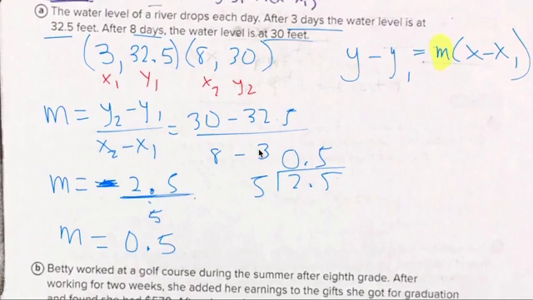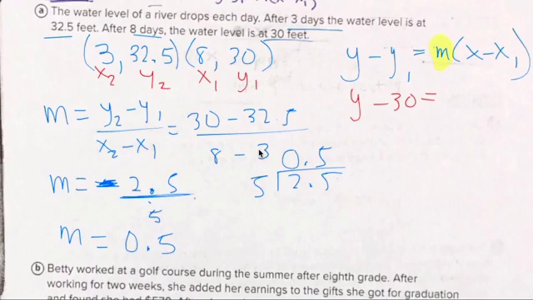So you use that formula, y minus y sub 1. I'm going to change this because it doesn't matter. I'm going to use whole numbers, so I'm going to use this as my x sub 1, y sub 1. I can change my mind. You'll get the same answer. Remember, we did that in class. So I'm going to use 30 because I like whole numbers. 0.5 for slope.